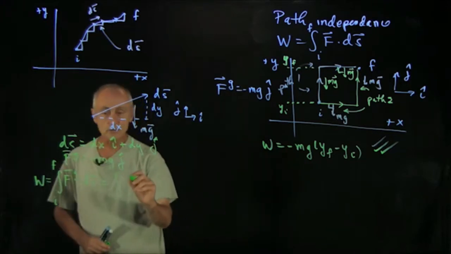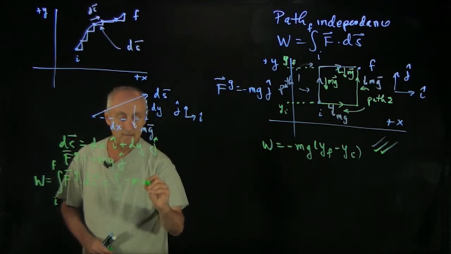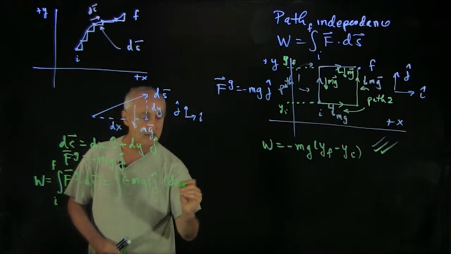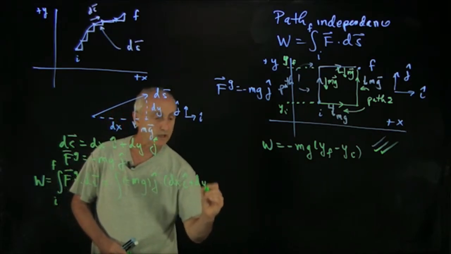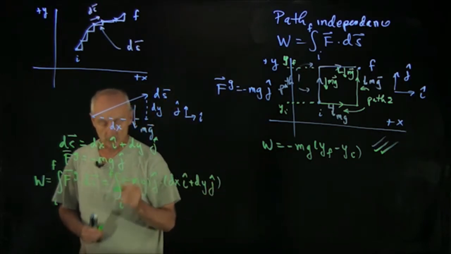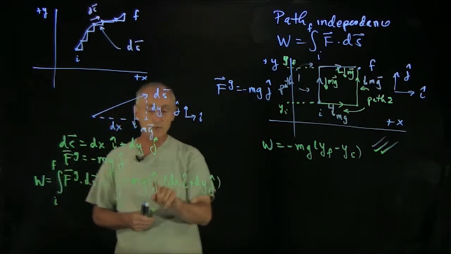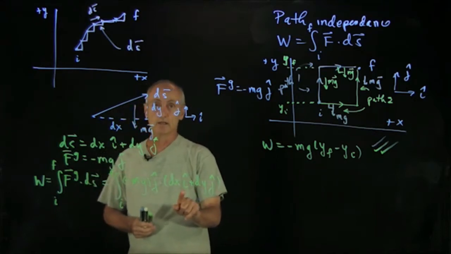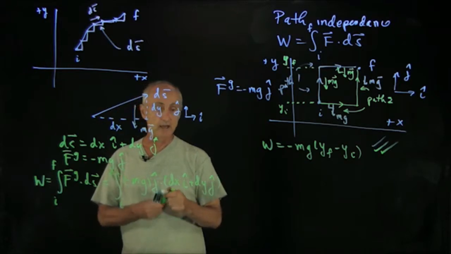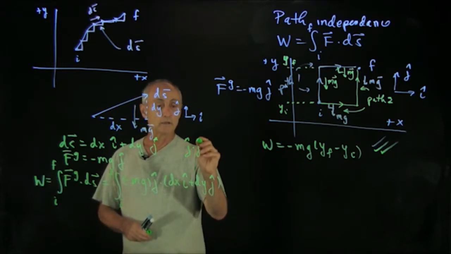So when we do that, we have minus mg j hat dot dx i hat plus dy j hat, from our initial to the final place. And notice that we have j hat dot i hat. They are perpendicular, so that dot product is 0. And j hat dot j hat is 1.